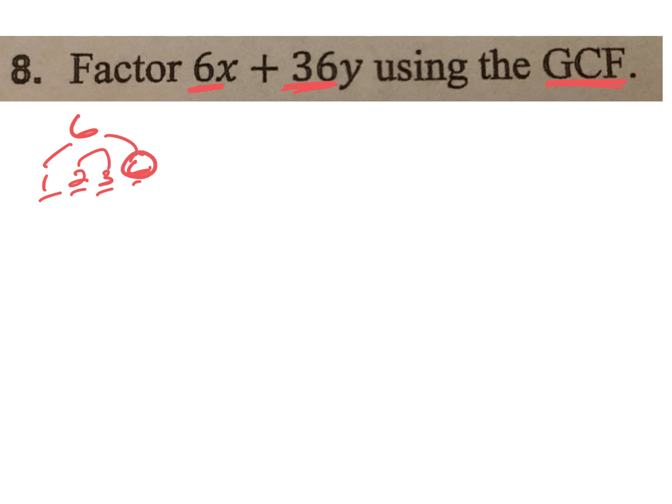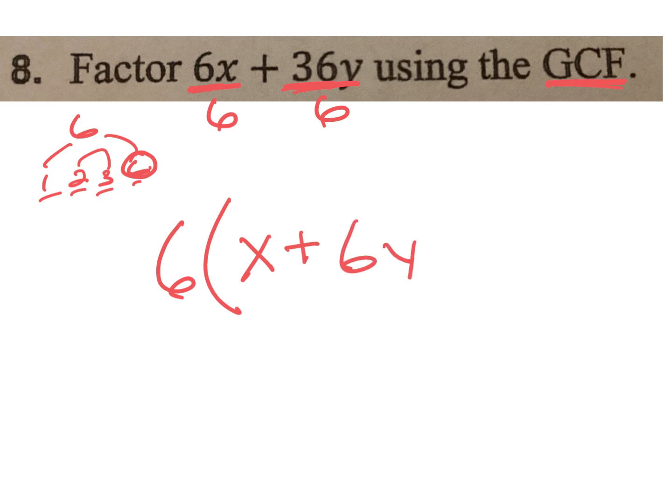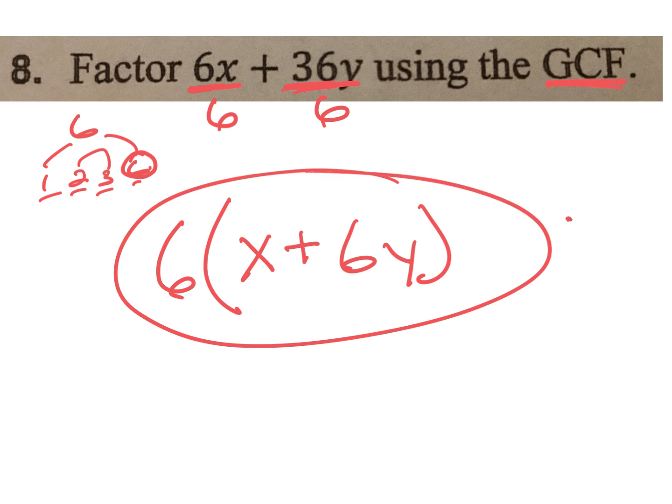It sure does. So 6 is my greatest common factor. I put that on the outside, and then I take this, divide it by 6, and this divided by 6. And when I do that, 6x divided by 6 is just x, plus 36y divided by 6 is 6y. And that right there is my answer.